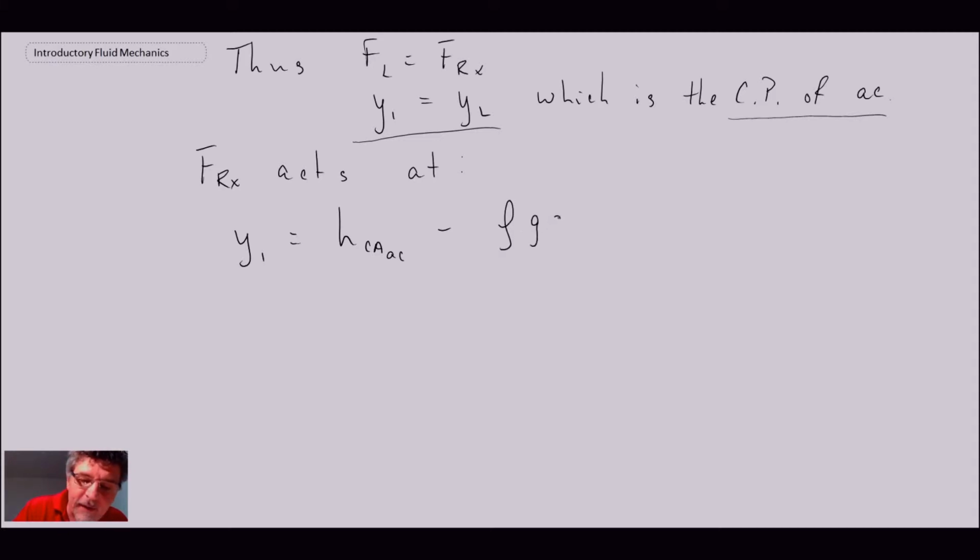And we need to find the center of pressure here, so we have this term. So we get that expression.